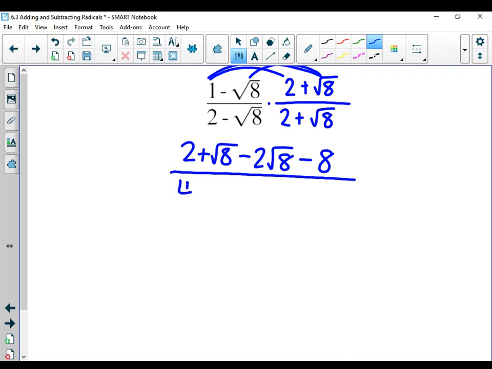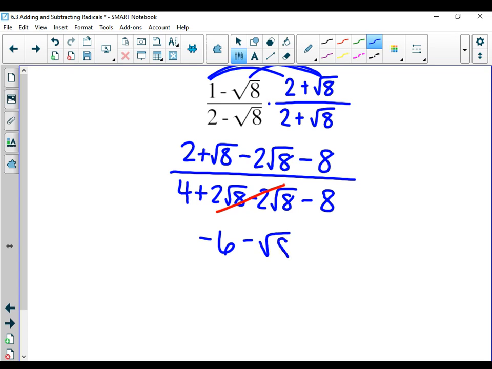And then 4 plus 2 square root of 8 minus 2 square root of 8, and then minus 8 again. I went ahead and instead of writing the square root of 64, I just wrote 8. Okay. Middle cancels out, which is what I want. I have 2 minus 8, which gets me negative 6. And then I have 1 minus 2, which gets me a negative 1. All over 4 minus 8, so that's a negative 4.